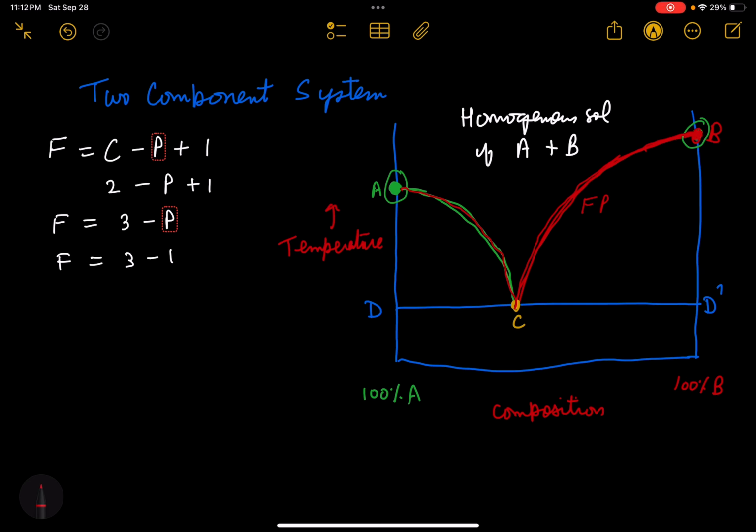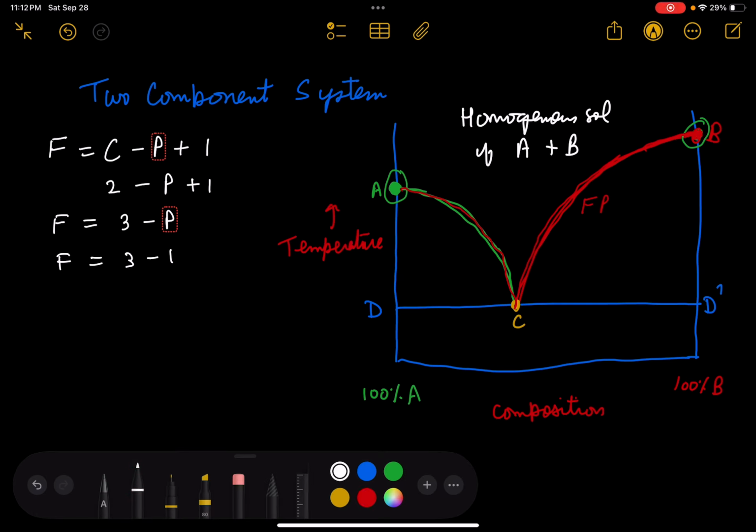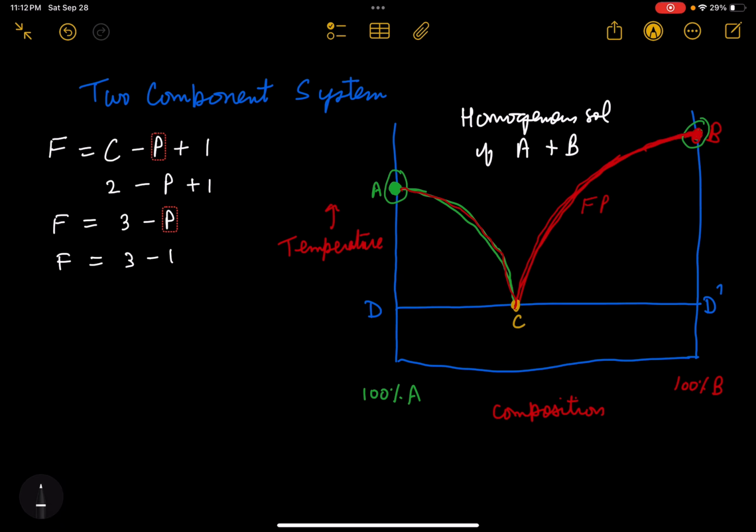Along these curves AC and BC, there are two phases present. So at atmospheric pressure, that is at constant pressure, along the curves where two phases are present, and since it is a two-component system, the degree of freedom is 1.